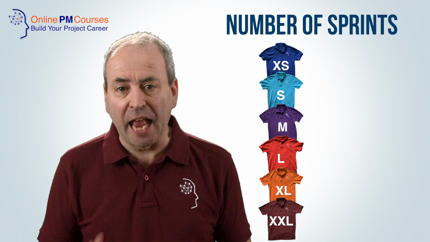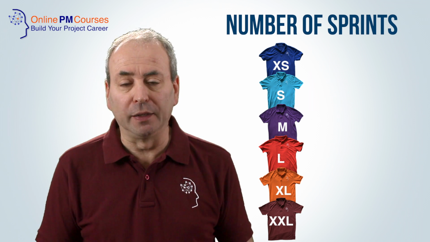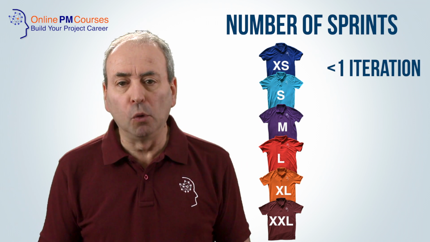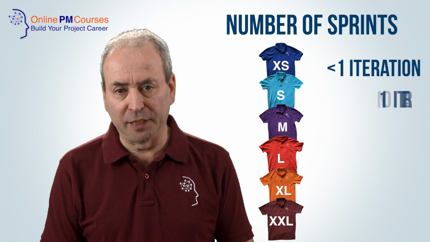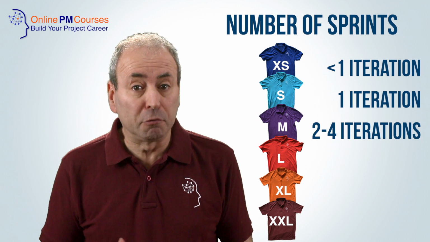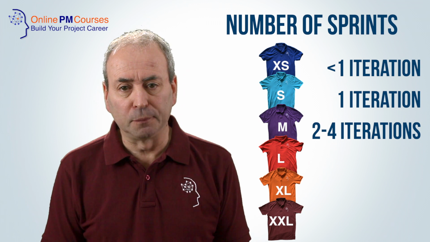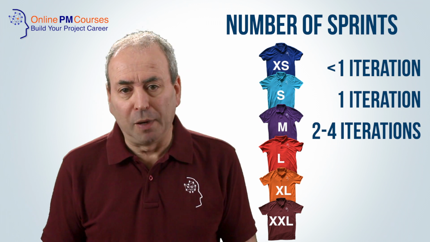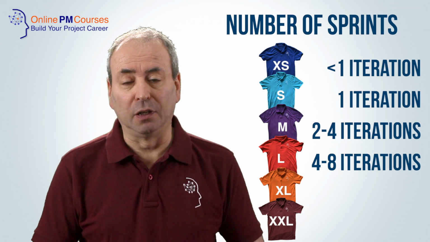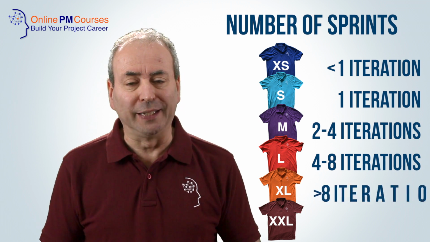In this case, an extra small task might be done in less than 1 iteration, whereas a small task may take a full iteration, and a medium task may take 2, maybe 3 or even 4 iterations to achieve. A large task might take 4 to 8 iterations, and an extra large task more than 8 iterations.